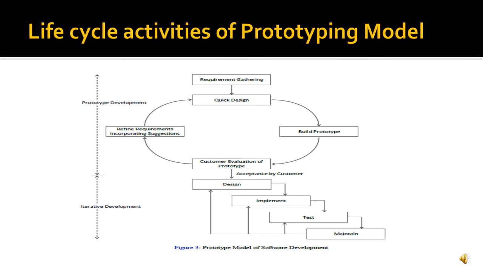This is like our iterative waterfall model. All the phases, that means design, implementation, testing, maintenance, are there, and there is a feedback path, since this is the iterative model. So this is the overall design of the prototyping model.